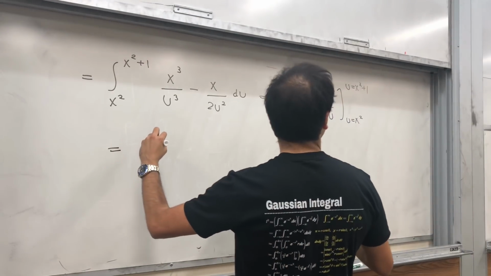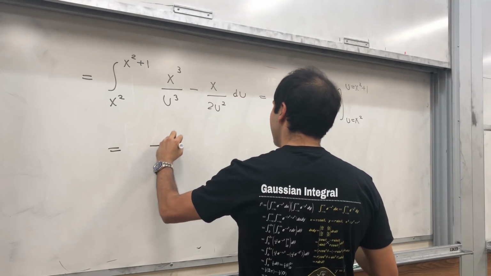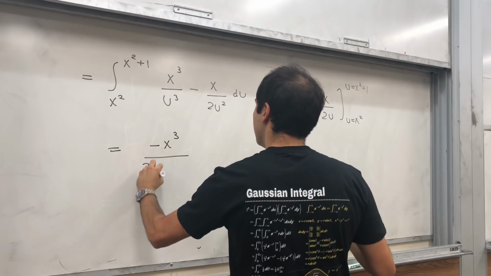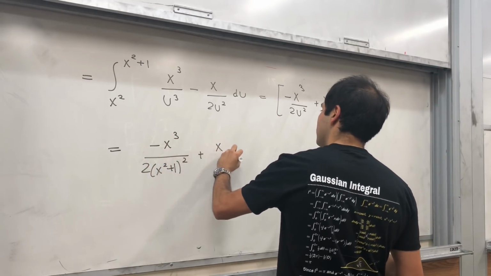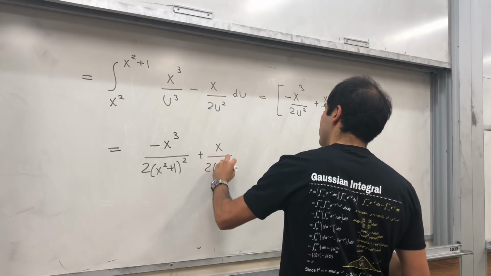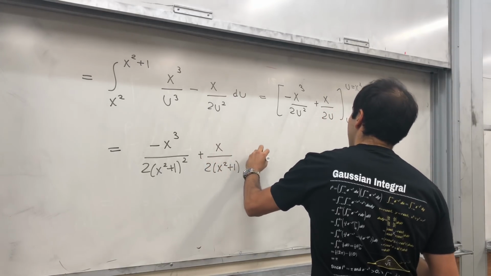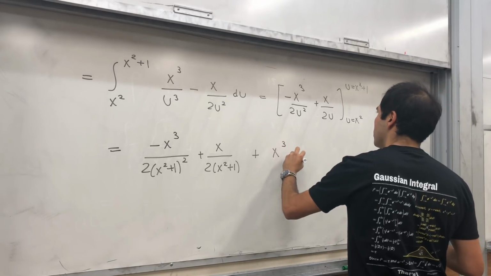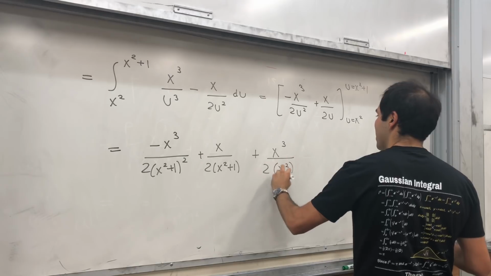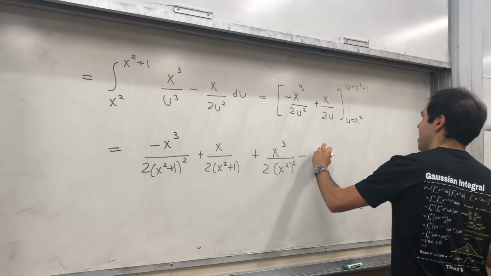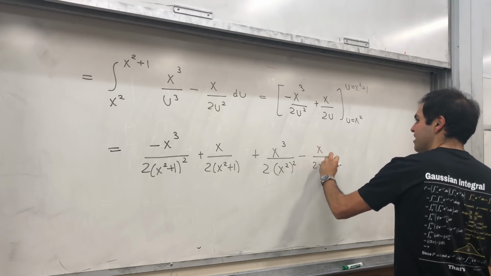I was like, why is this so complicated? Okay, minus x cubed over 2 times (x squared plus 1) squared, plus x over 2 times (x squared plus 1), plus x cubed over 2 times (x squared) squared, minus x over 2x squared. Yep.